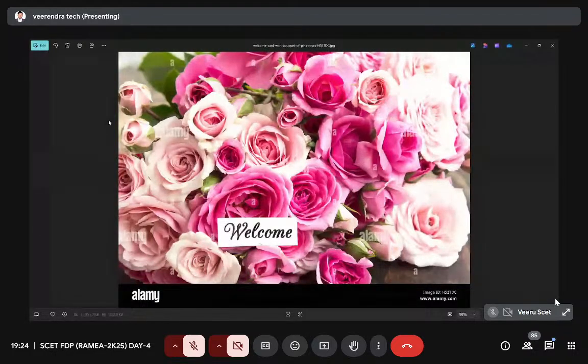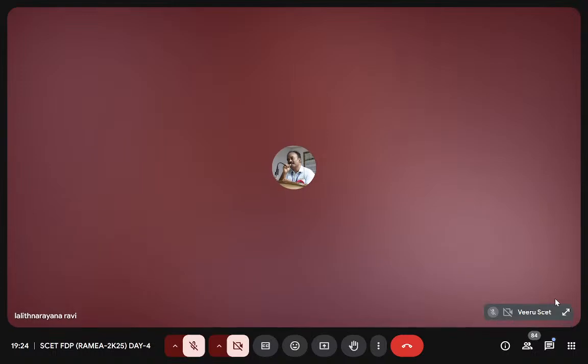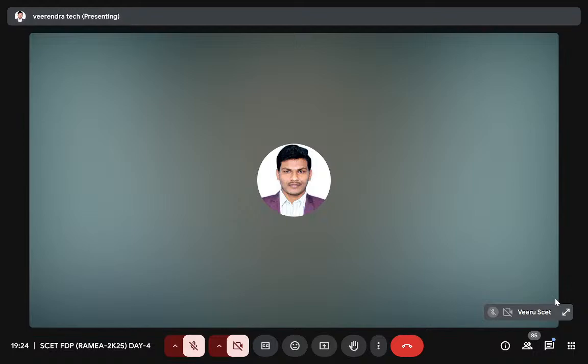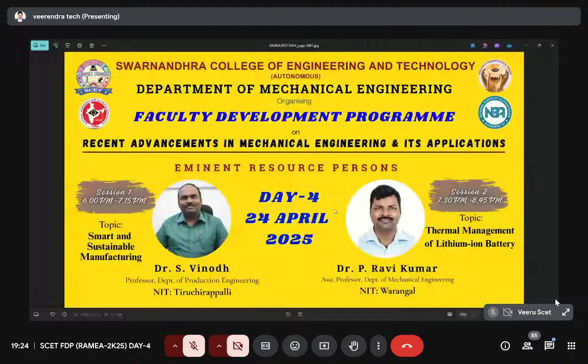He completed his Bachelor of Engineering in Mechanical Engineering from Andhra University in 2006, followed by MTech and PhD in Fluids and Thermal Sciences specialization from IIT Guwahati in 2014.